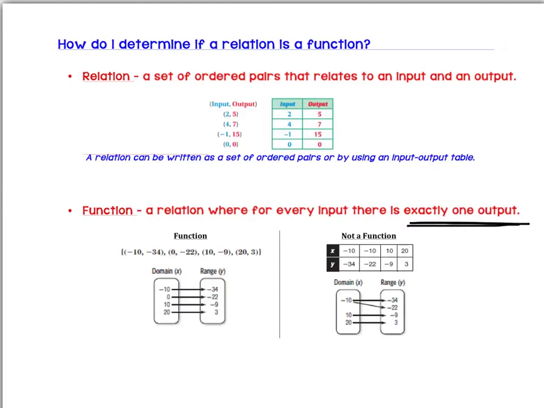Each one of these inputs has exactly one output. Over on the right, the input of -10 has two different outputs, a -34 and a -22. Because of this, this would not be a function.